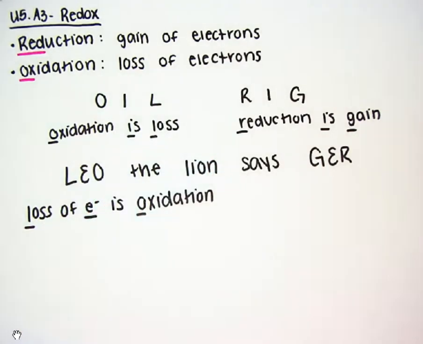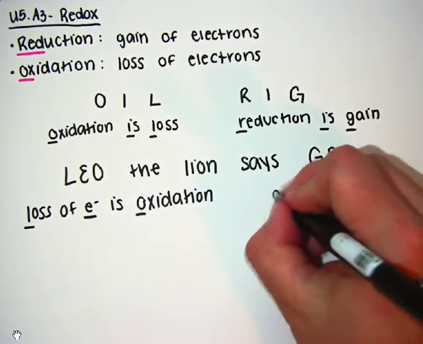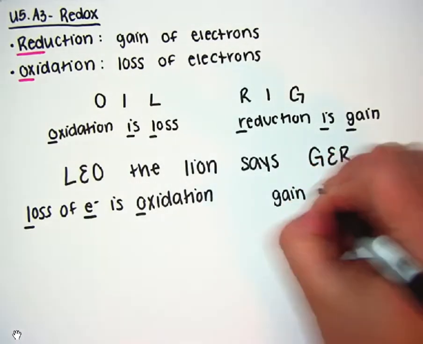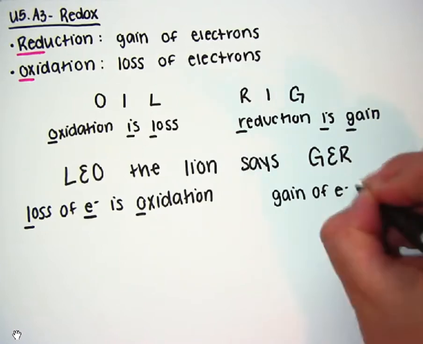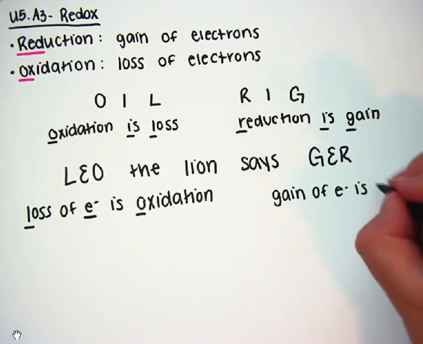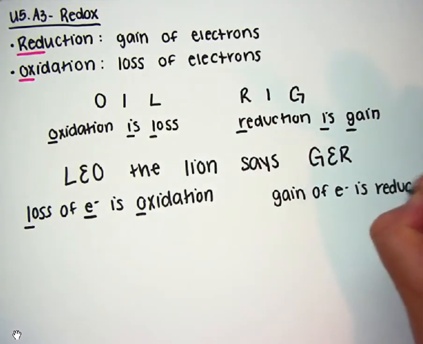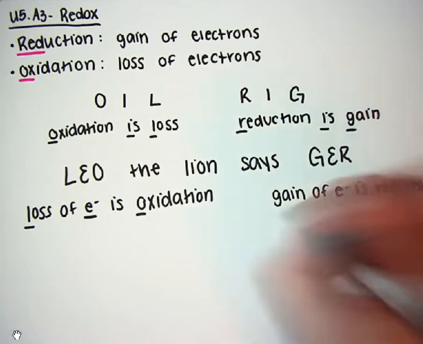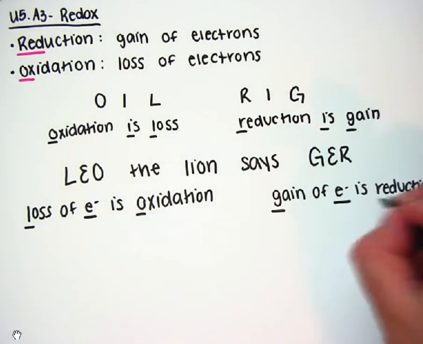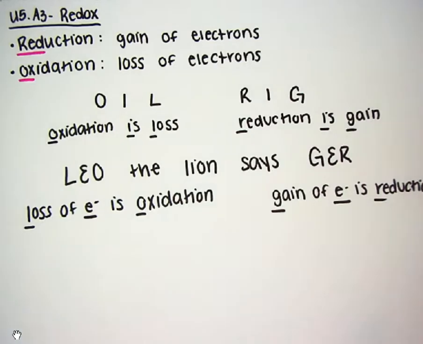L-E-O spells Leo. Gain of electrons is reduction. G-E-R. Leo the lion says grr.